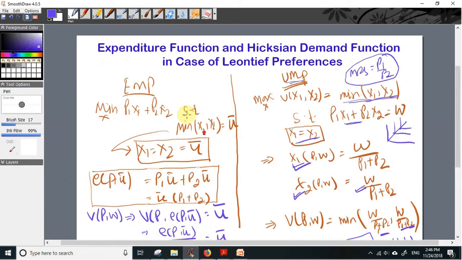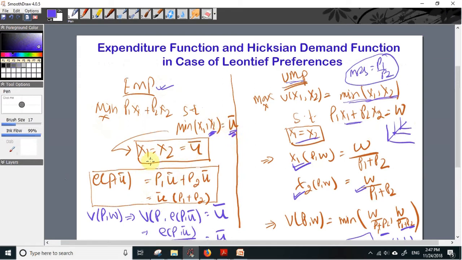So now let us go to the expenditure minimization program. The program is to minimize p1 x1 plus p2 x2 by choosing x1 and x2 such that the utility is u bar. Here also we use the rule that along the ray the values of x1 and x2 are equal, so x1 equals x2 equals u bar.